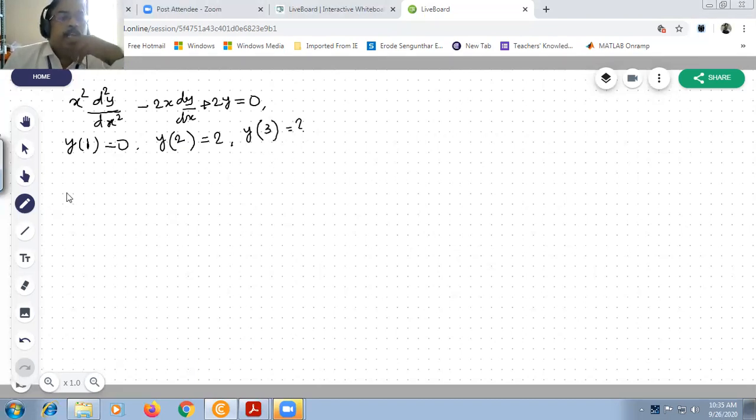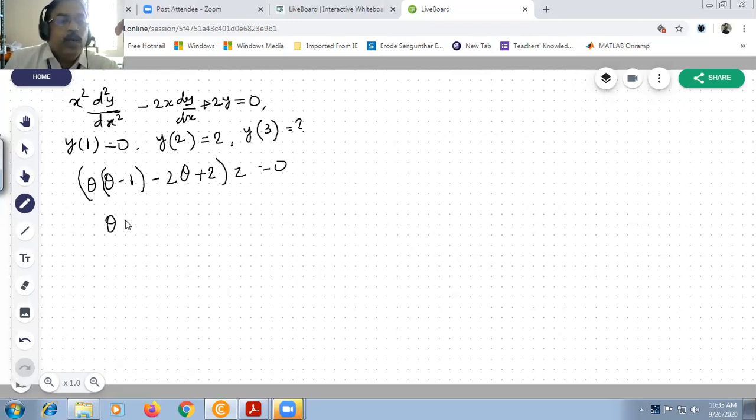So this is an Euler equation, you can convert it into theta into theta minus 1 for x square d square y by dx square, and theta for this one, minus 2 theta, plus 2, acting on y, equal to 0.